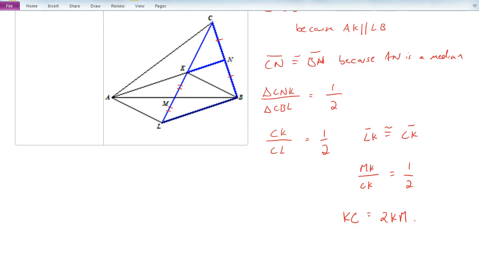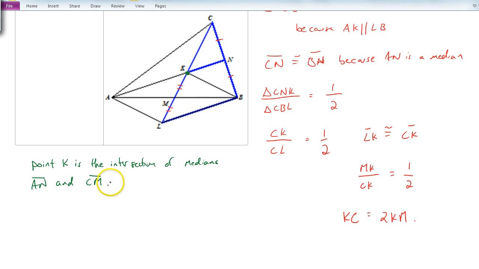Okay, the upshot of these two proofs is that we've learned something about point K. Let's just remind ourselves what it is. So point K is the intersection of medians AN and CM.